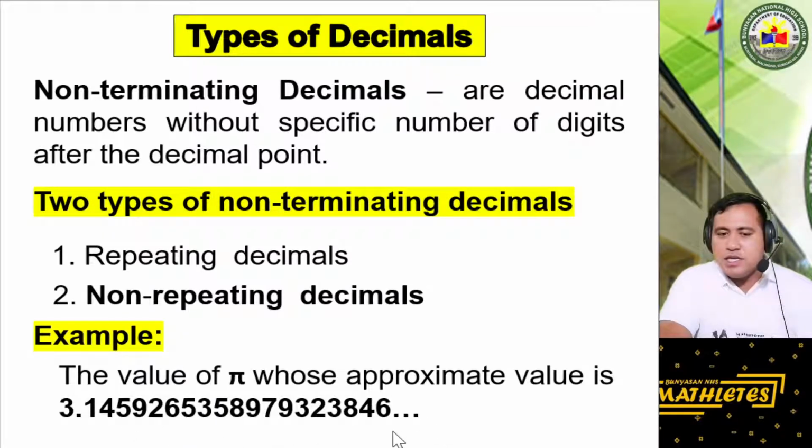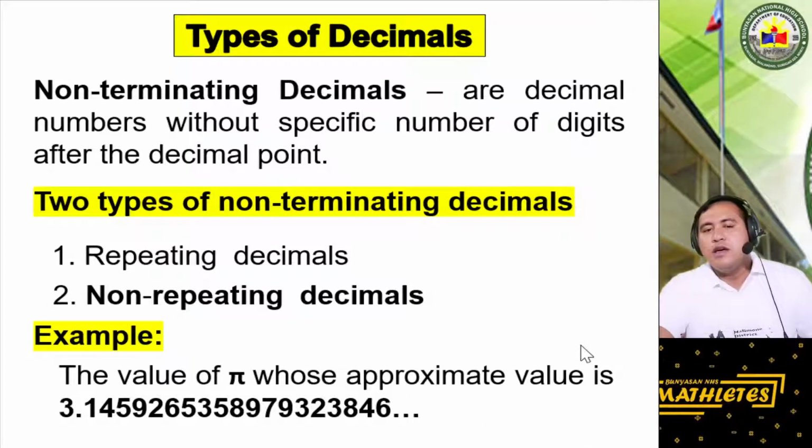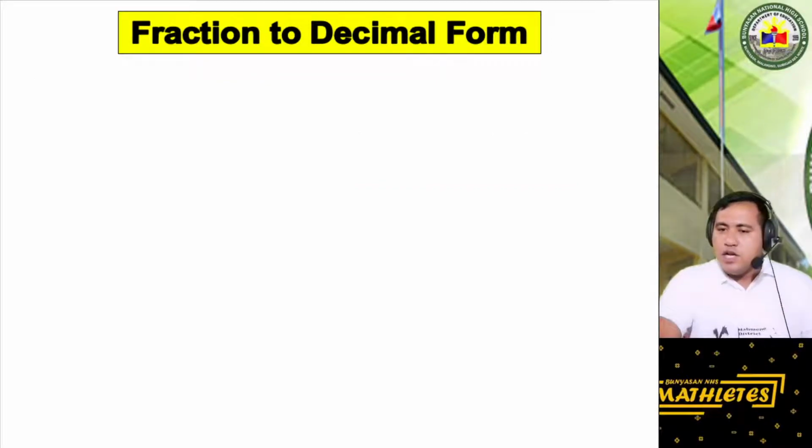That means it is non-terminating and non-repeating. Non-terminating siya kay with the presence of 3 consecutive dots. Okay. So, let's proceed to our topic, which is all about fraction, the expressing of rational numbers.